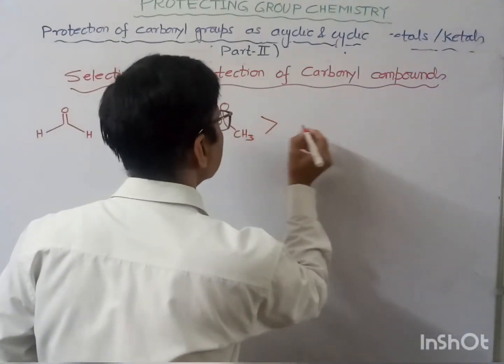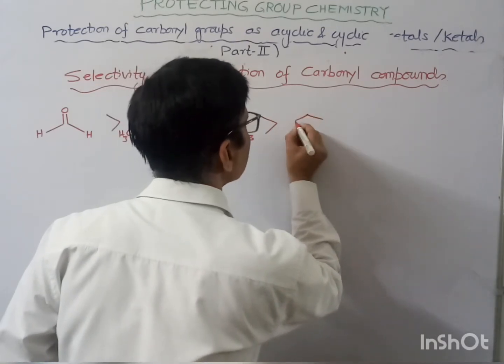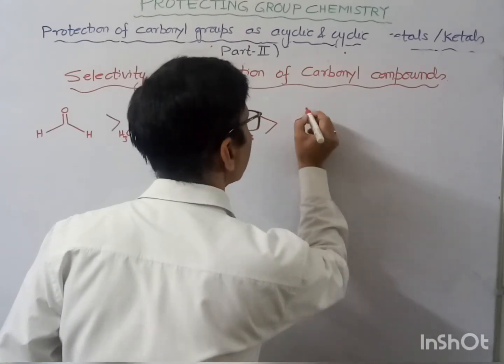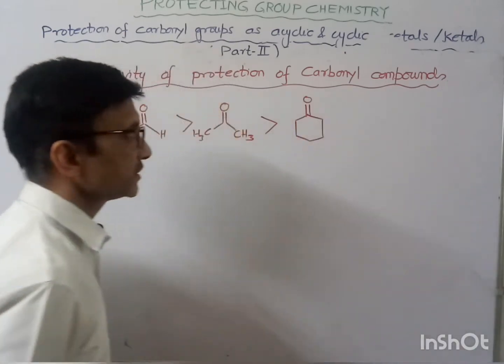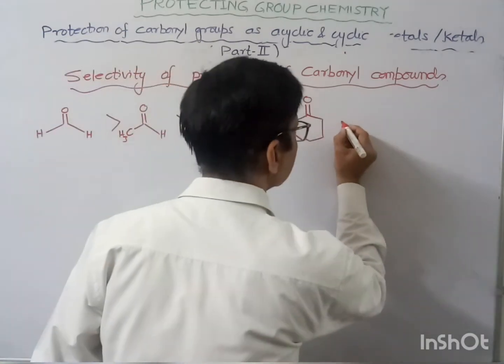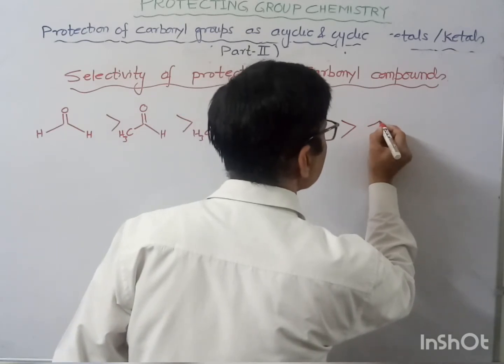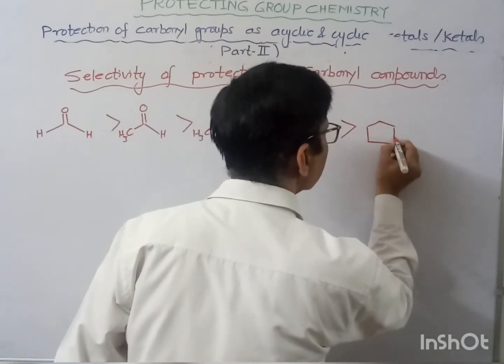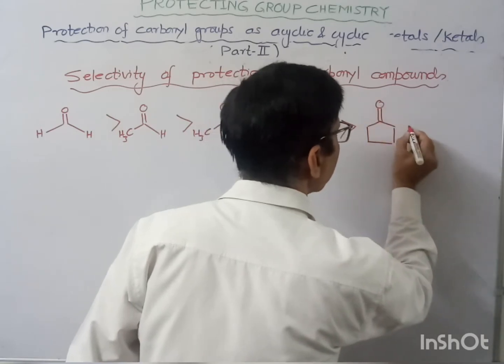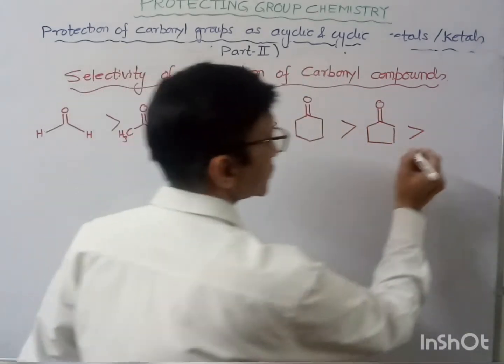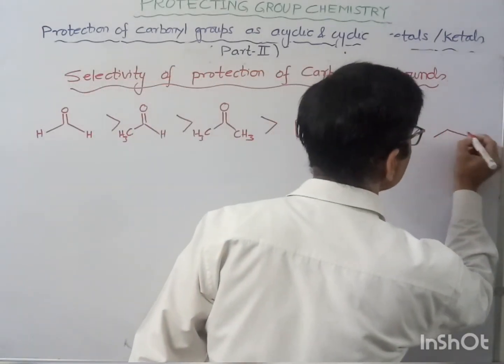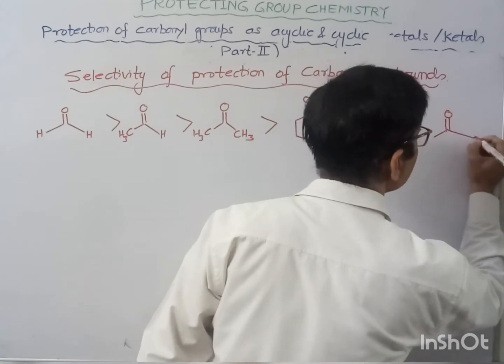Now after that, six-membered carbonyl, then five-membered carbonyl, and then after that alpha-beta unsaturated carbonyls.